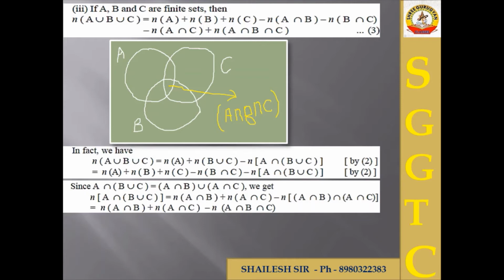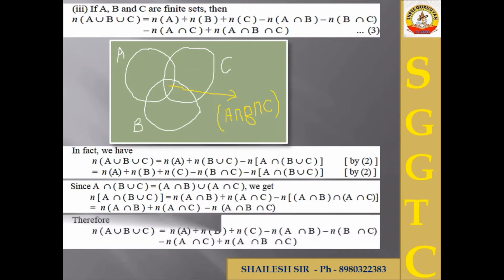Again utilize your second formula. You get n of A intersection B plus n of A intersection C minus n of A intersection B intersection A intersection C. Yes. In the last part, again A intersection B intersection A intersection C is called, in yellow color, A intersection B intersection C. So finally we are done here.